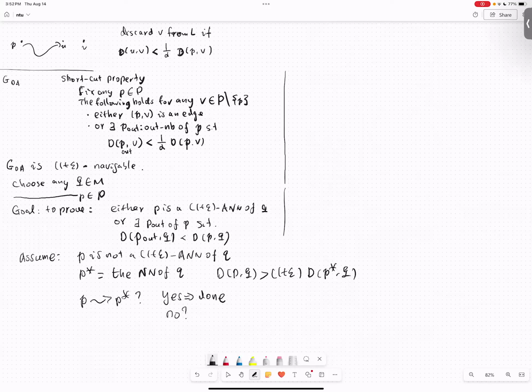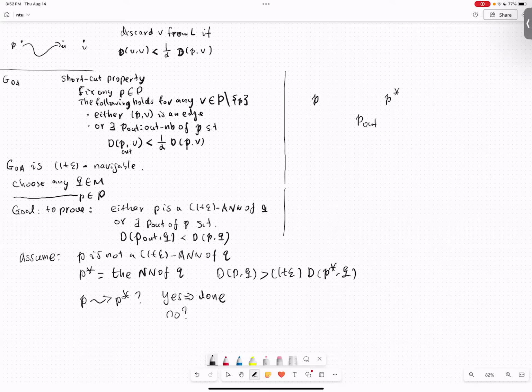I want to give you a picture to visualize what's happening here. Let's say P is our current hop. We already know that P star is not an out neighbor. The shortcut property essentially says that there must be some out neighbor P out, and this P out will bring us much closer to P star. But I also want you to imagine where this query can possibly be.